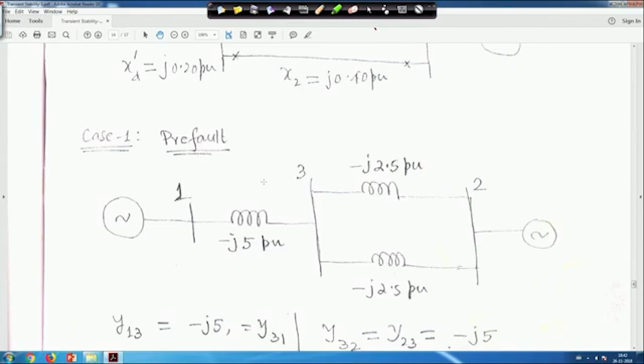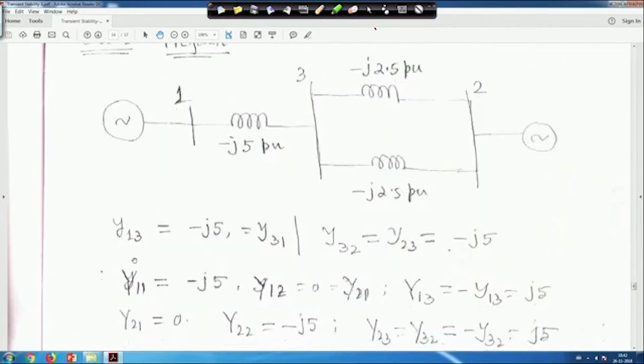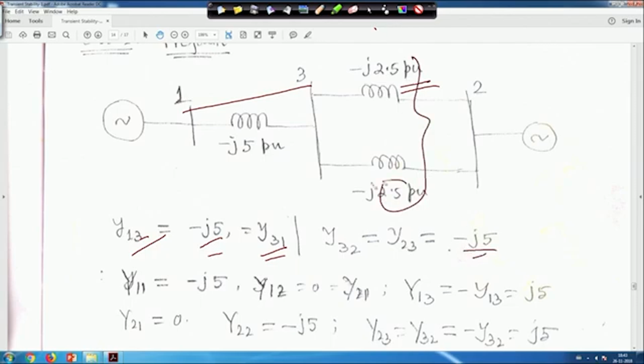So, in this pre-fault case, we will first represent by small y, the way you do load flow studies. So y13, that is 1 to 3, is minus j5 equal to y31. Now y32 is equal to y23, it is a double circuit line. So y32 is minus j5, because these two will be added, it is the admittance.